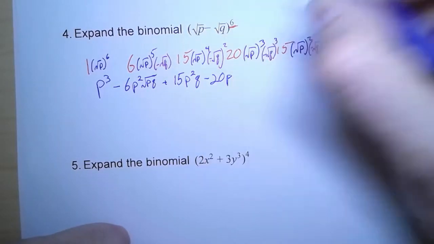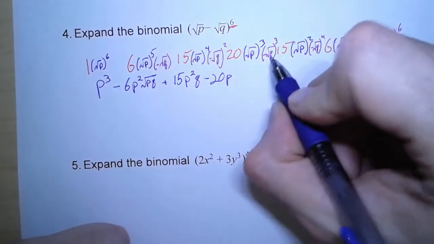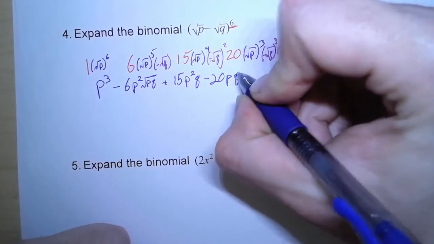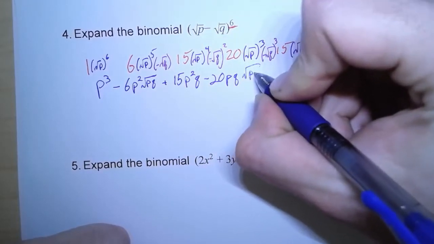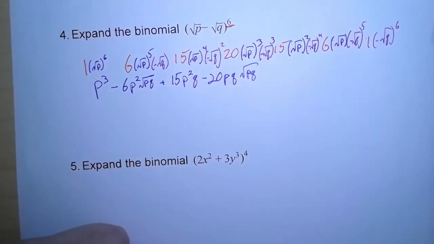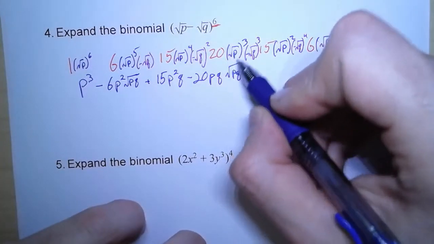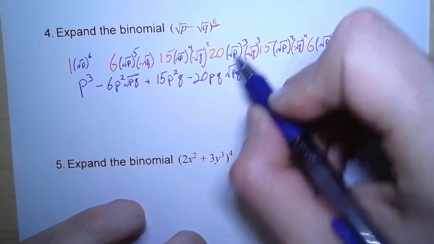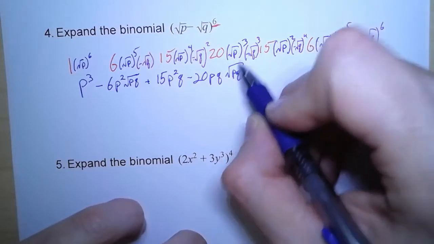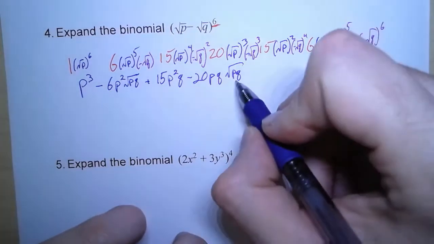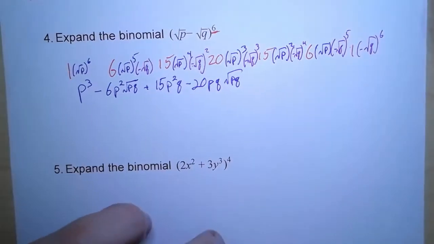And then we have a p that comes out of this radical as well as a q, but that's still going to leave one p and one q left inside the radical, because we need two of these, square root of p times square root of p, to give us p, but there's one left over because it's raised to the third. And the same thing goes for q.